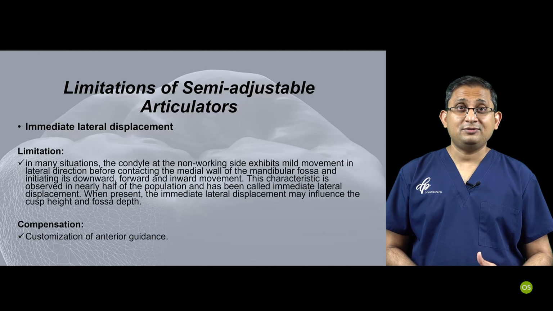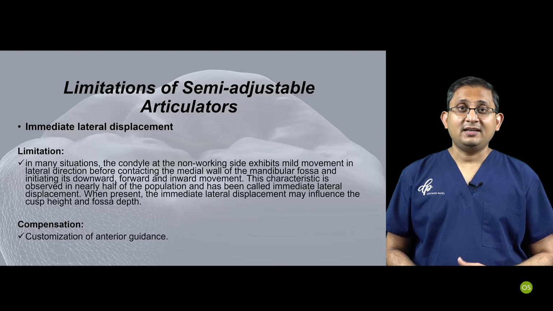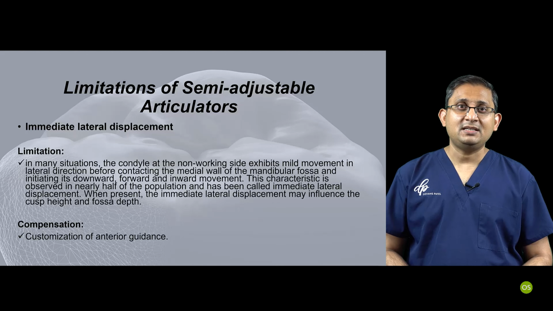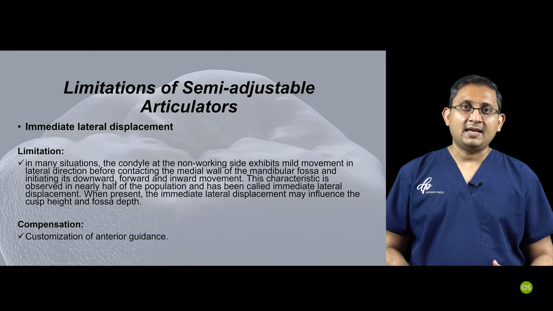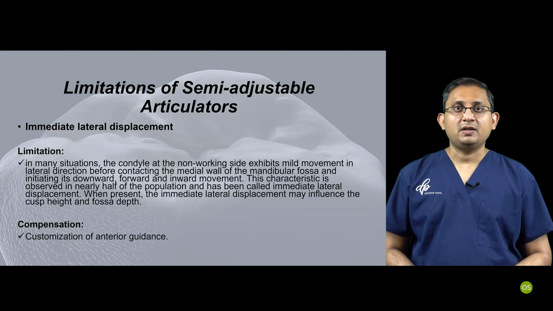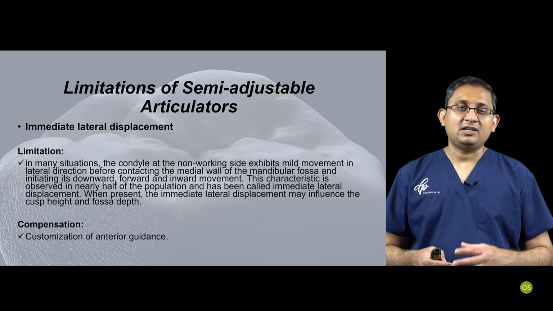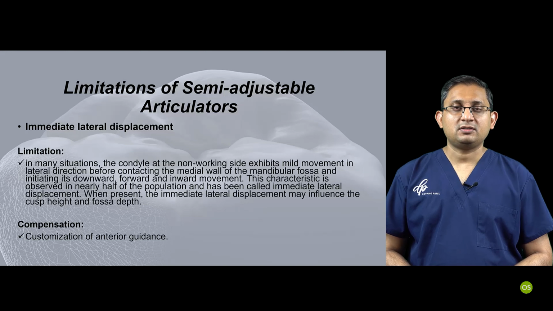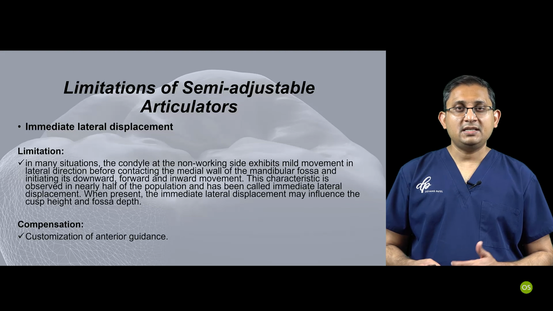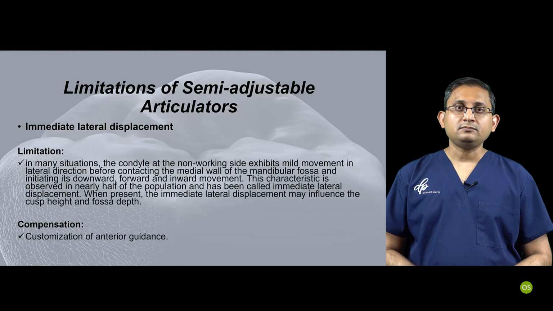Now, it's very difficult to know how much it is. It could be anything from 0.1 to 2 millimeter. So we're trying to guess what kind of limitation we are working with. But if you are replicating the final shape into your provisional and creating an anterior custom guidance table, you are mitigating that risk.